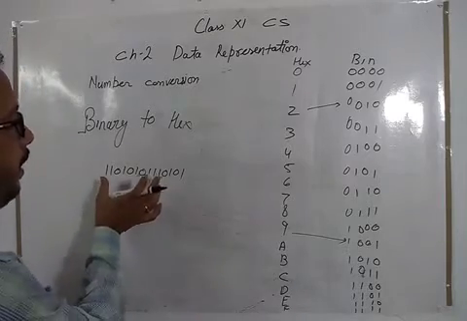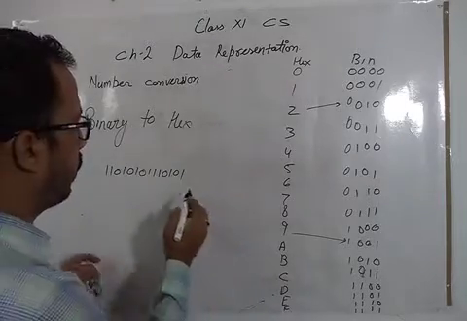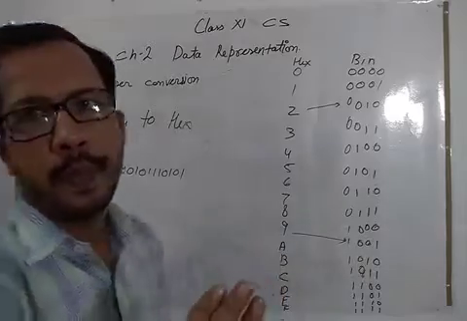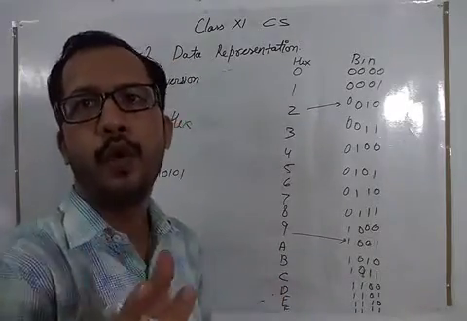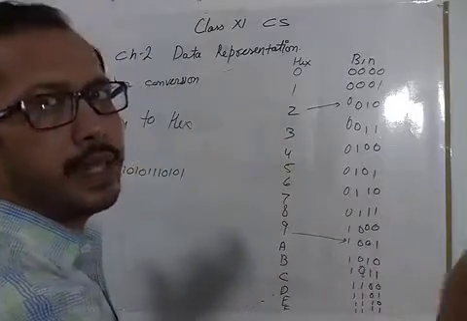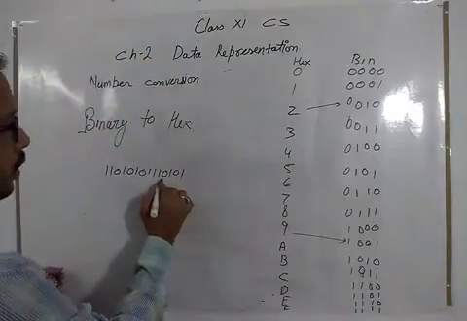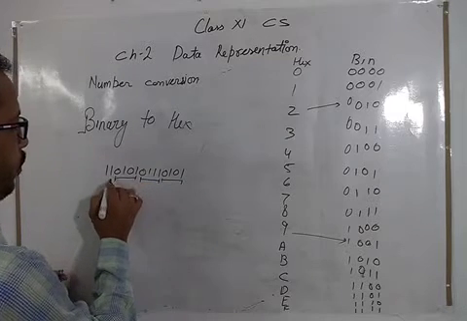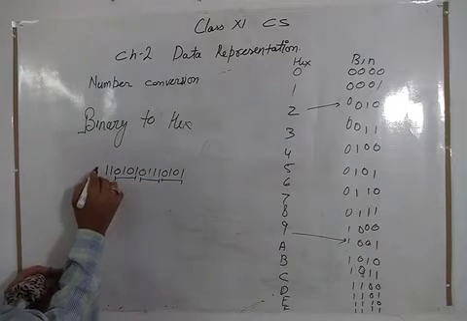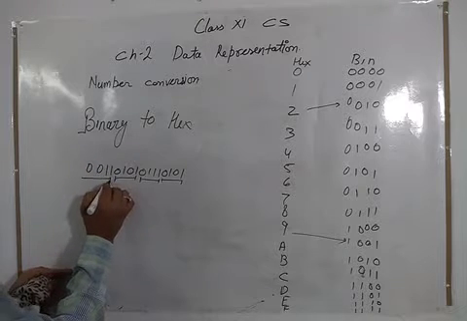For converting binary to hexadecimal, we are required to divide the given binary into groups of 4 bits, starting from the right-hand side to the left-hand side. So these are 4 bits, these 4 bits, these 4 bits, and these are not 4 bits, so add 2 zeros and again it is a 4-bit number.